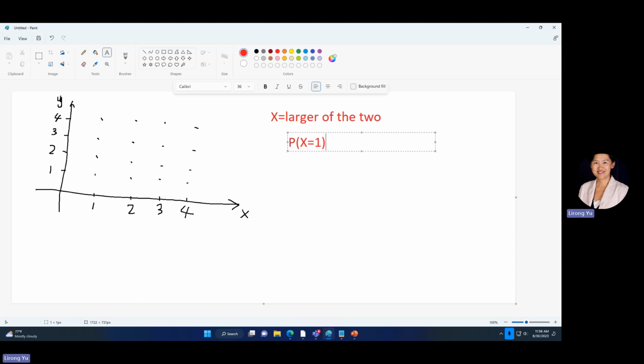If any of them is higher than 1, then the larger one's not going to be 1, right? So there's only one of them, which is going to be that one, 1, 1. So out of 16 total outcomes, only one of them allows the X to be a 1. So in this case, the probability has to be 1/16.